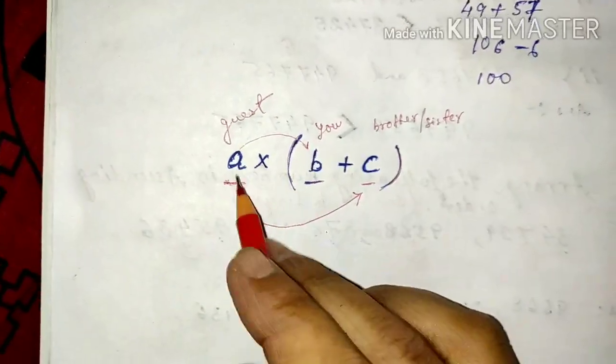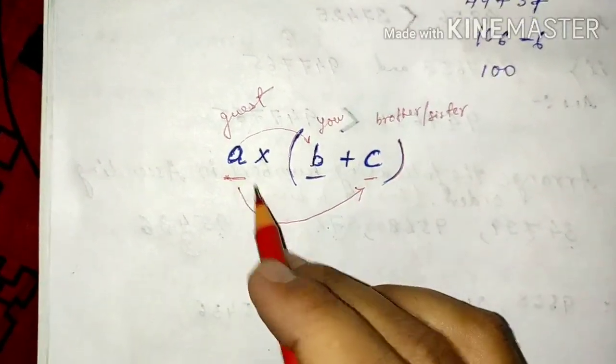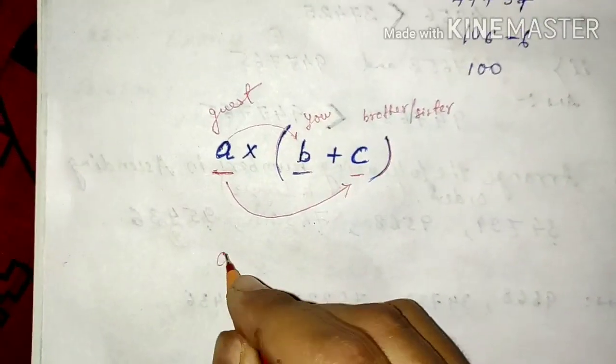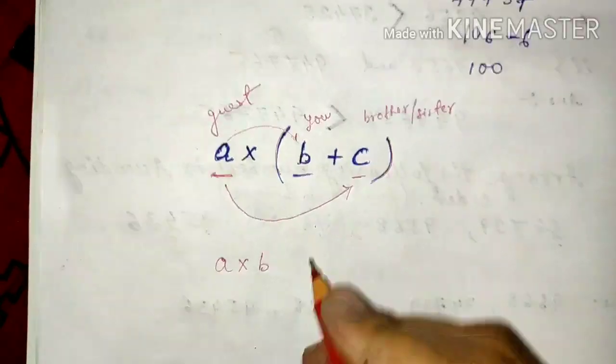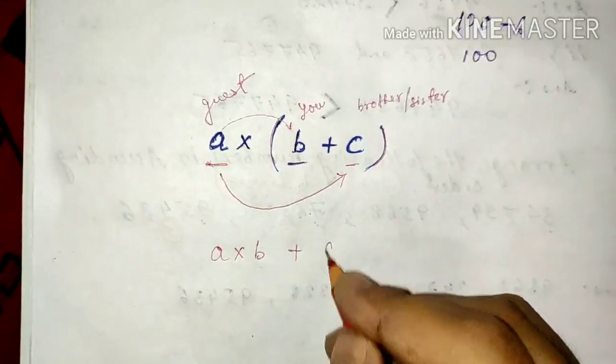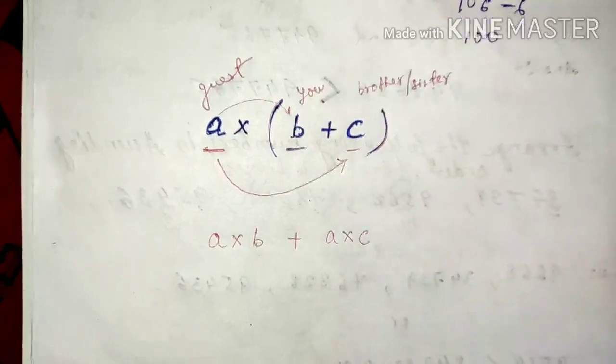He does not discriminate between you both. Similarly, A will get multiplied with B, as well as A will get multiplied with C.